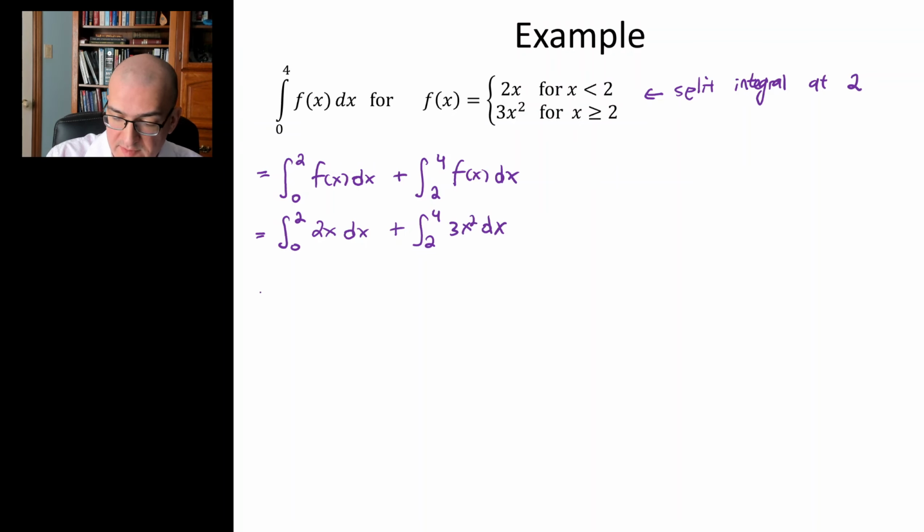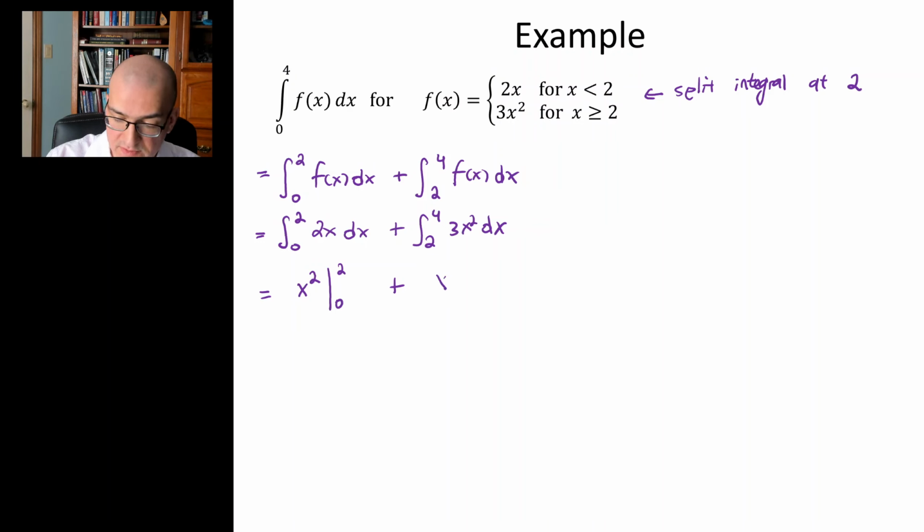Okay, then each of these can be integrated with respect to x using the anti-power rule. First one gives us 1/2 of 2x squared, which is x squared, evaluated from 0 to 2. In the second part, we have 3 times 1/3 x cubed, and the 3 and the 1/3 cancel.